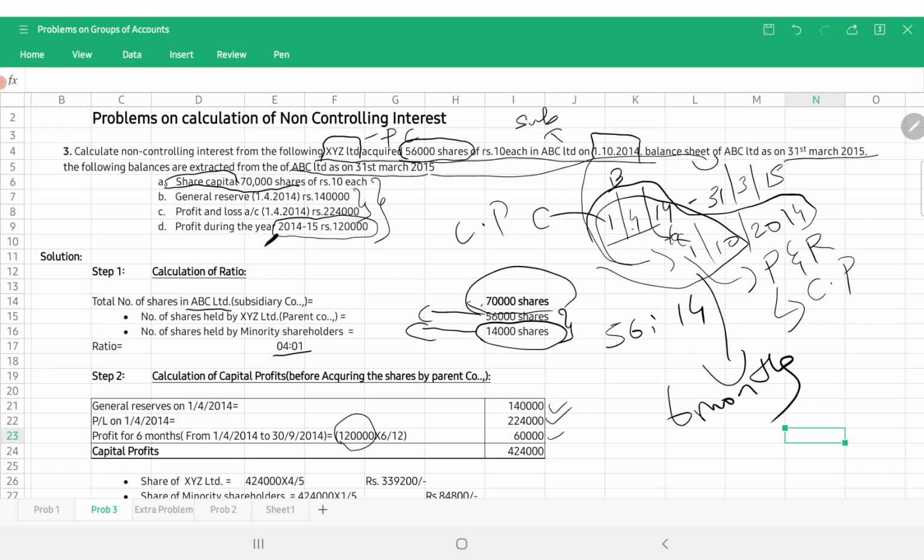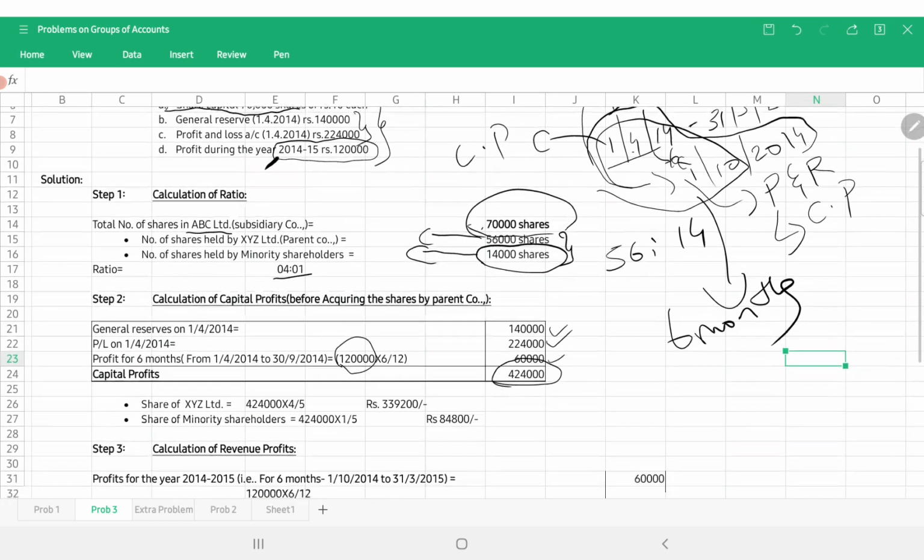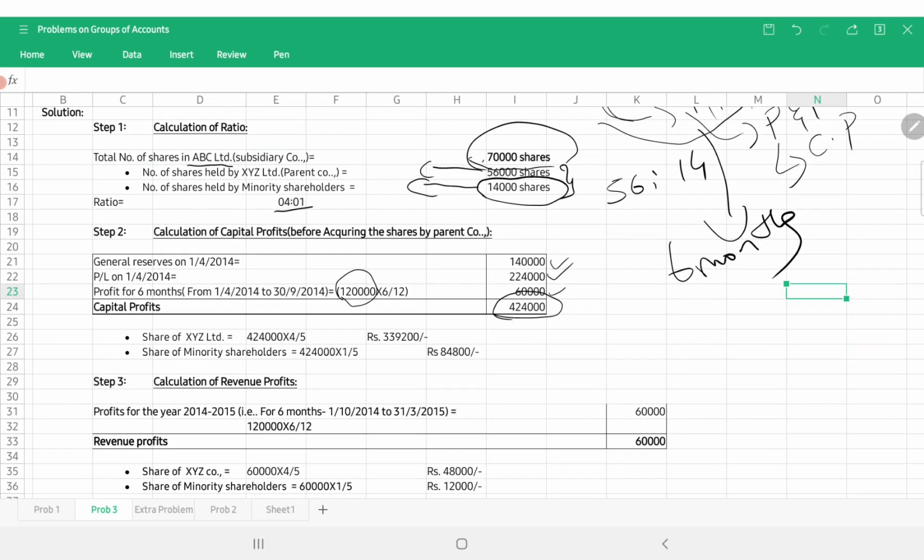Add this, and you get the total capital profit of 4,24,000. Now this 4,24,000 should be distributed using the ratio among the parent company XY Limited and the minority shareholders.